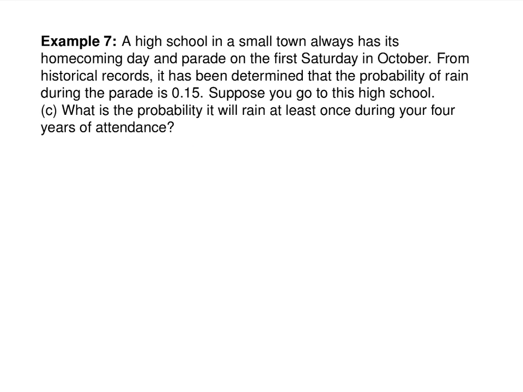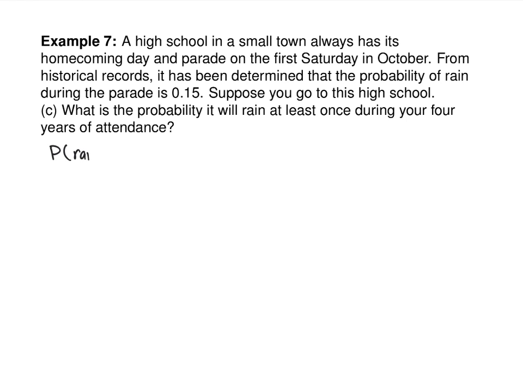So what's the chances that it will rain at least once during the 4 years? And the tricky thing about this is it could rain your first year, your second year, your third year, 4th year, or your first and second and third, you know, there's lots of combinations. Unless you look at it the right way and you say it's the opposite.